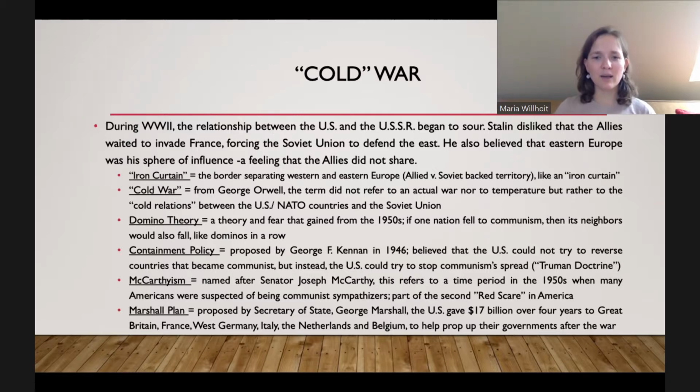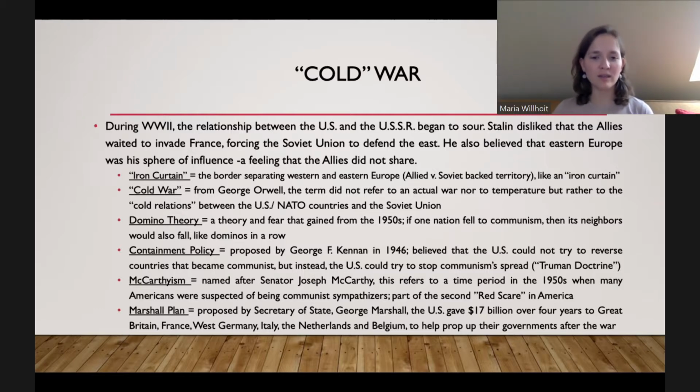And then the last thing I want to mention about the Cold War is that along with helping countries to fight communist forces, we also start to give money to countries to prop up democracies, not even necessarily to fight communism, but to make sure that they are economically viable to become democracies.